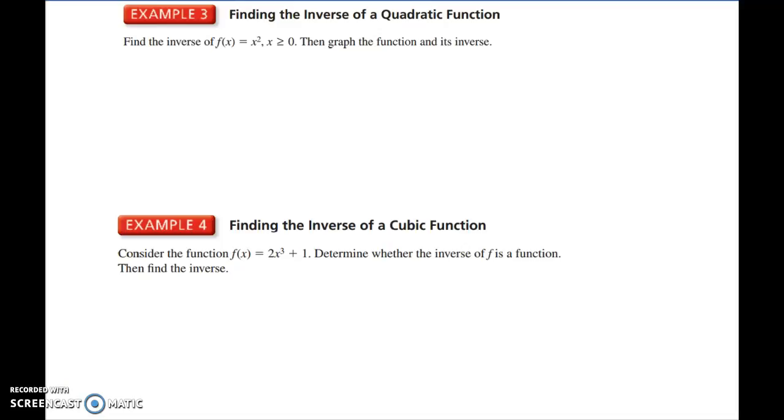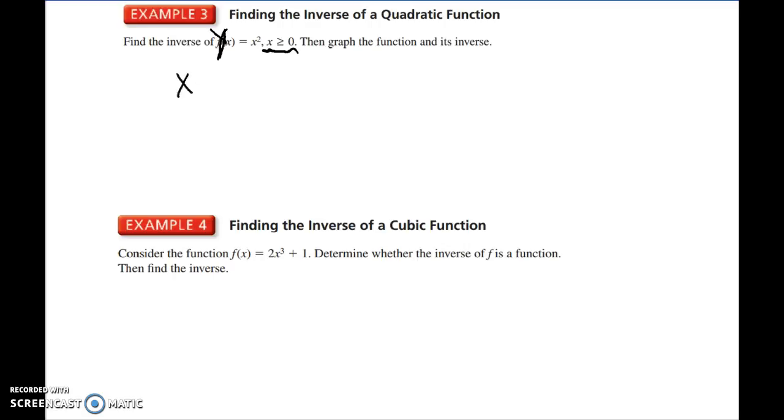We want to find the inverse of f of x equals x squared with a restricted domain of x is greater than or equal to 0, and then graph the function and its inverse. So I'll start by making f of x y, and then I'll switch the x's and the y's.